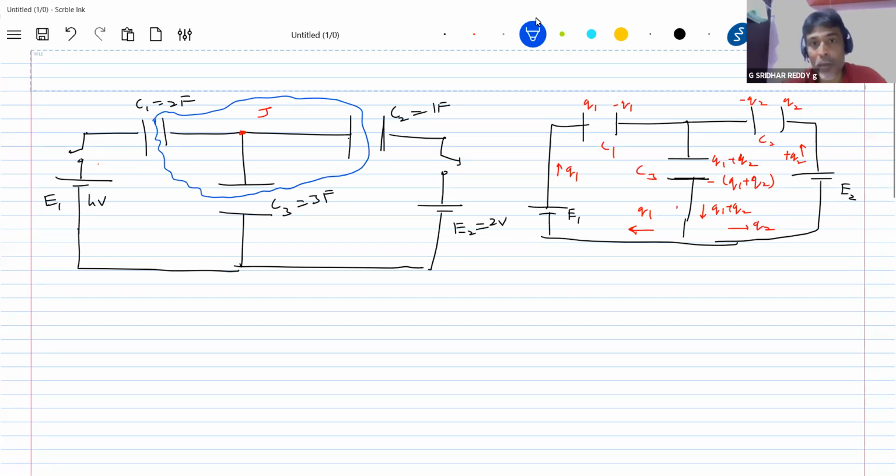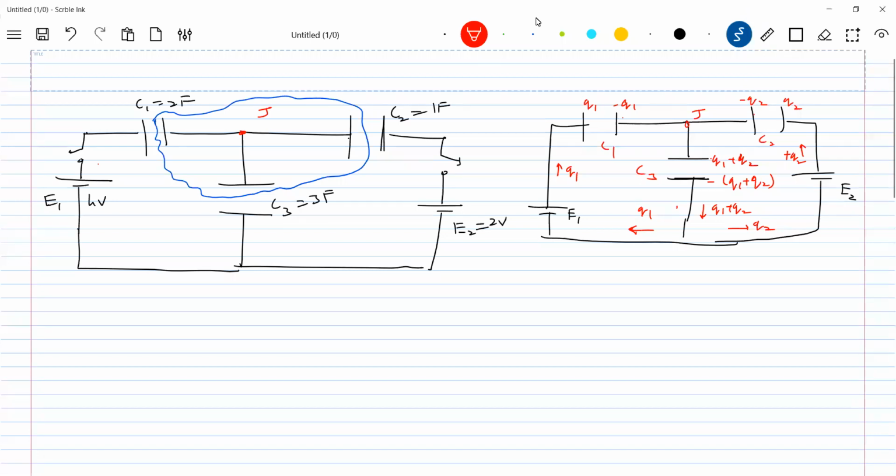This is going to help you to distribute charges. What was the charge at this point? Minus Q1, minus Q2, plus Q1, plus Q2. So what was the earlier charge? 0, now also 0. So when you're distributing charge, this condition is very important. Charge at an isolated junction must be conserved. Fine.